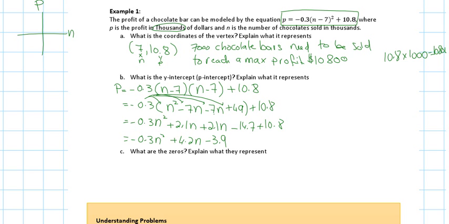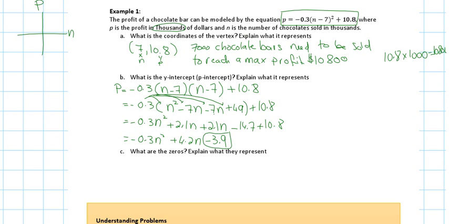What is your y-intercept? 3.9 or negative 3.9? Negative 3.9. So that means, what was their profit? Negative 3,900.